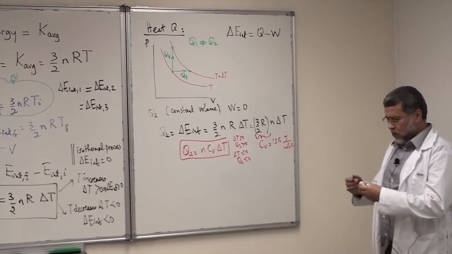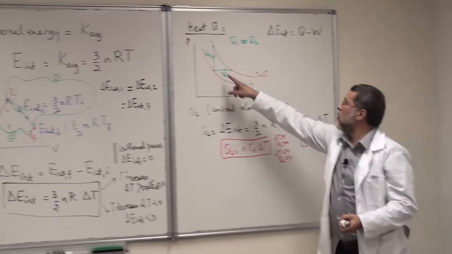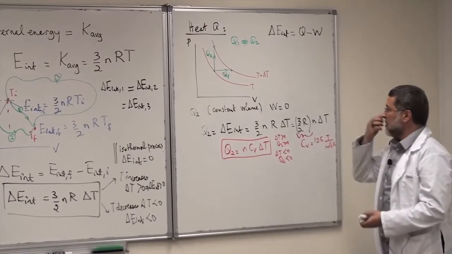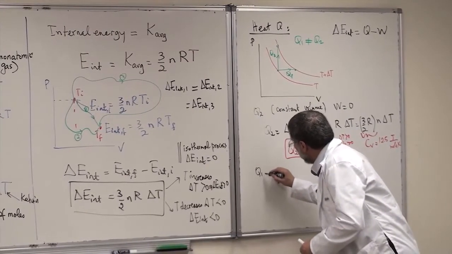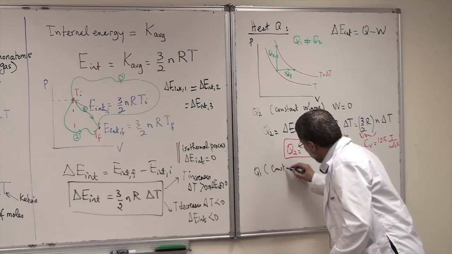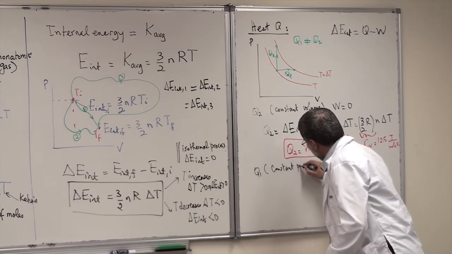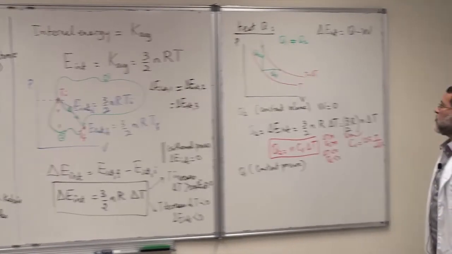Okay, now let's calculate the heat for the other process. For Q1, let's go to the other process. Q1 is a constant pressure process, okay? The pressure is constant during the process, but the temperature and the volume are changing.